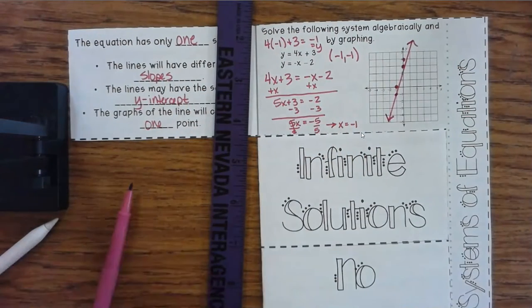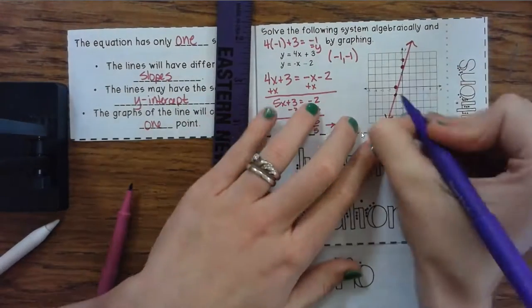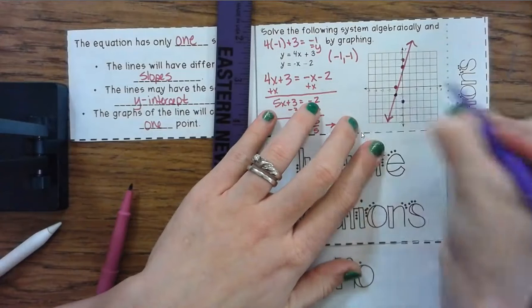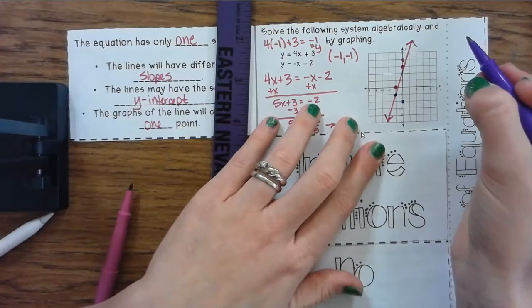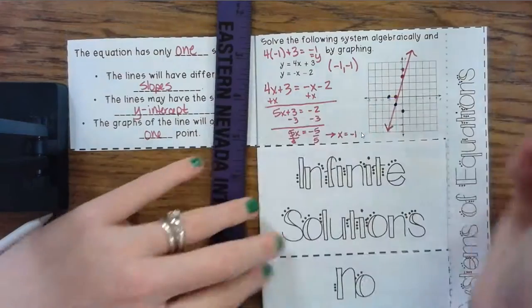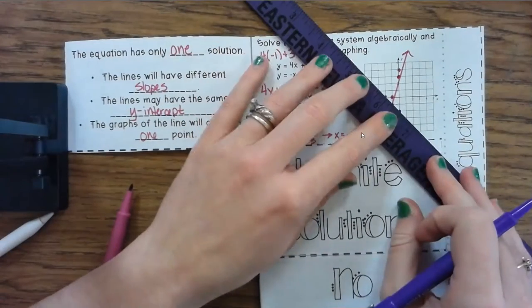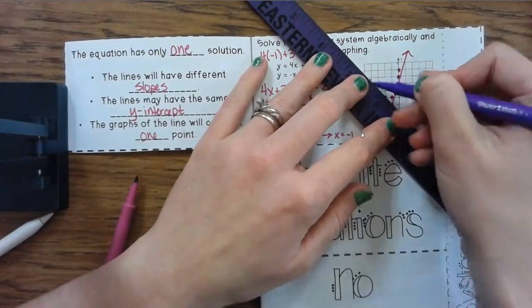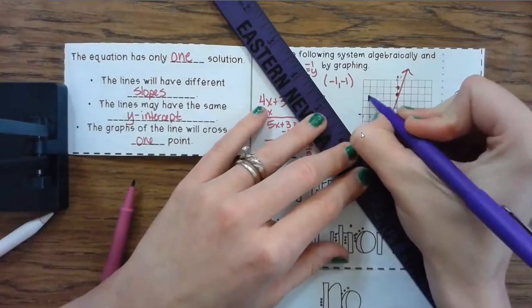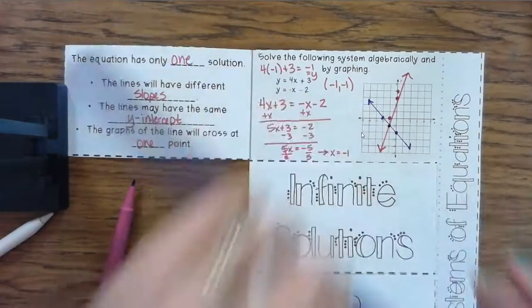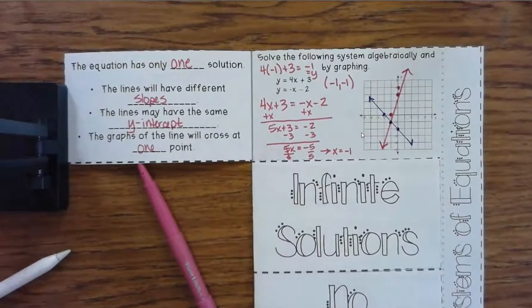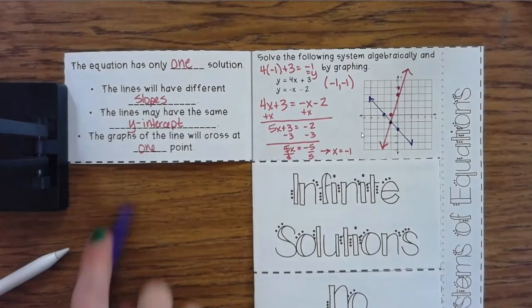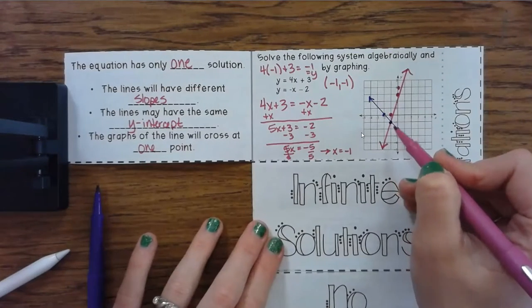And then my second line, negative x minus 2. Let's see if I can get another value in there. And so you can visually look at the graph and see where the two lines cross to see where your solution to the system is.